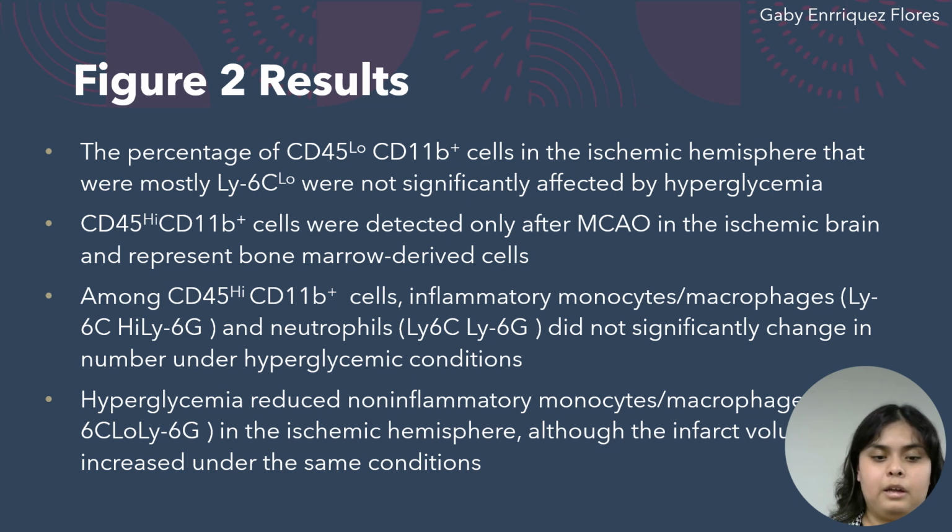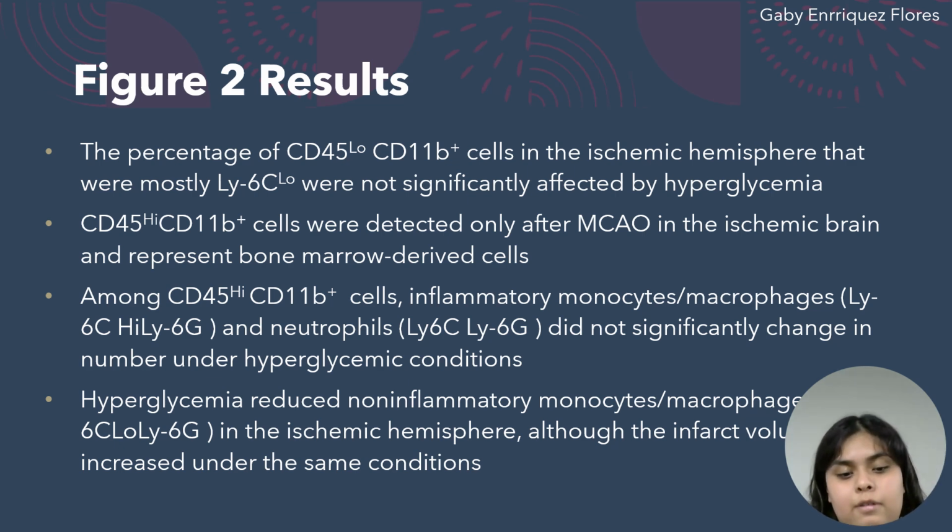And among CD45 high, CD11B plus cells, inflammatory monocytes and macrophages and neutrophils did not significantly change in number under hyperglycemic conditions, again as you can see from the previous graphs. Hyperglycemia reduced non-inflammatory monocytes and macrophages in the ischemic hemisphere, although the infarct volume increased under the same conditions.